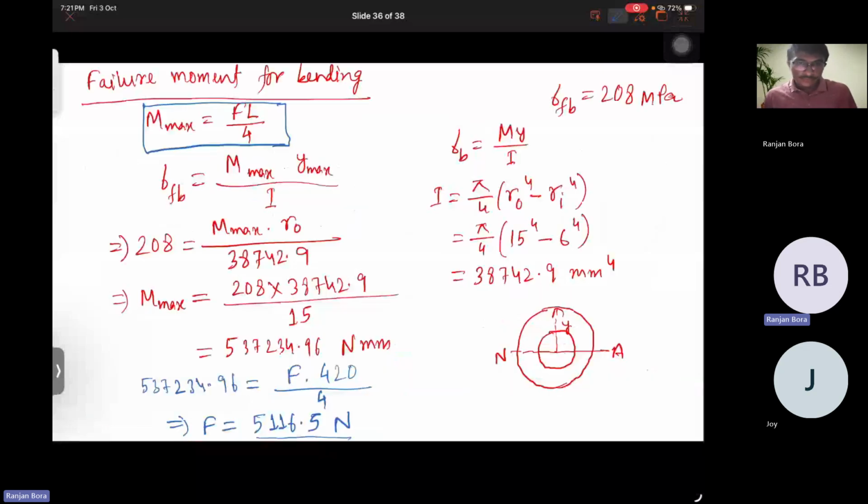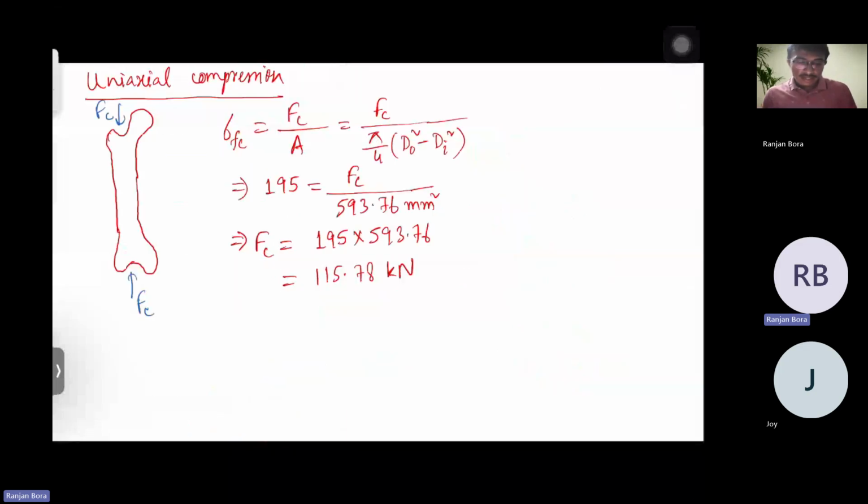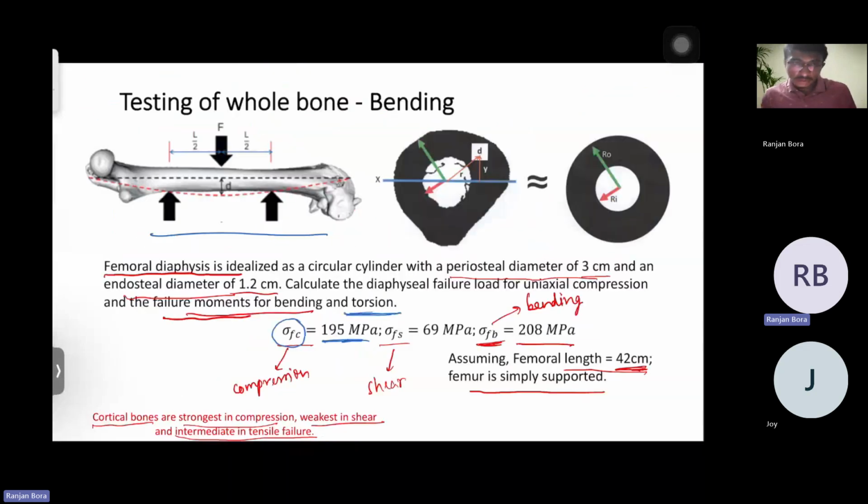So we have solved 2 cases: one for uniaxial compression, and the second for bending, failure moment for bending. Now we'll solve torsion, failure load for failure moments for torsion.